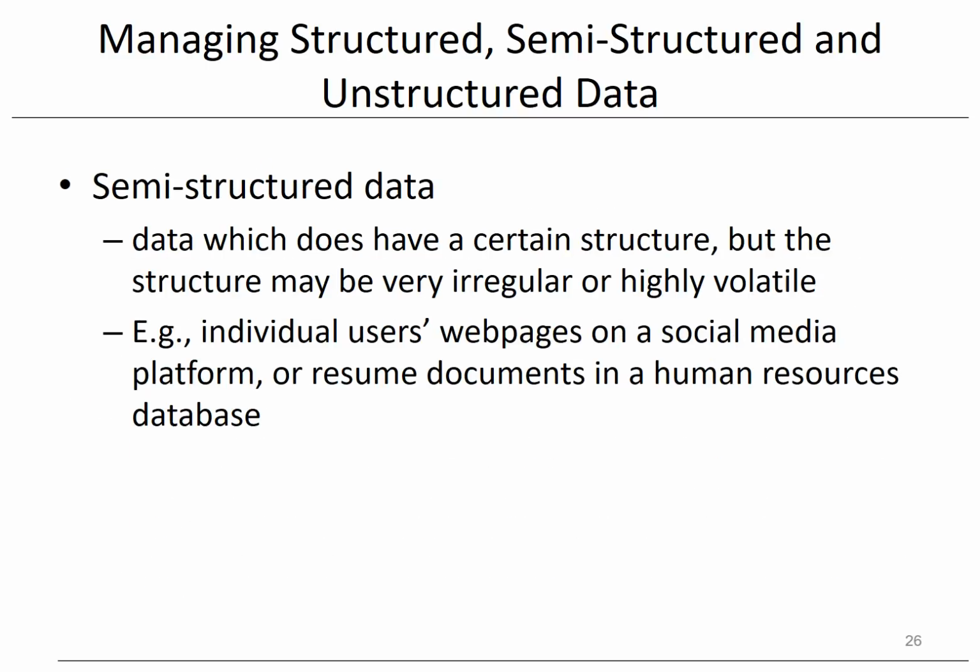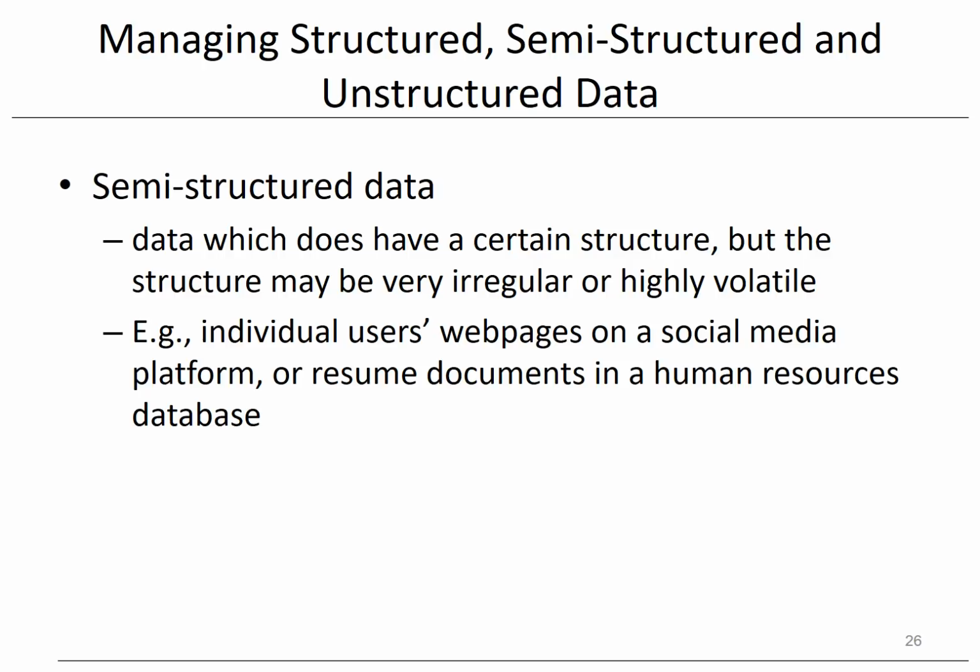It should be stressed that not all data is completely structured or completely unstructured. Recent DBMS types, such as XML databases and NoSQL databases, aim explicitly at dealing efficiently with semi-structured data.